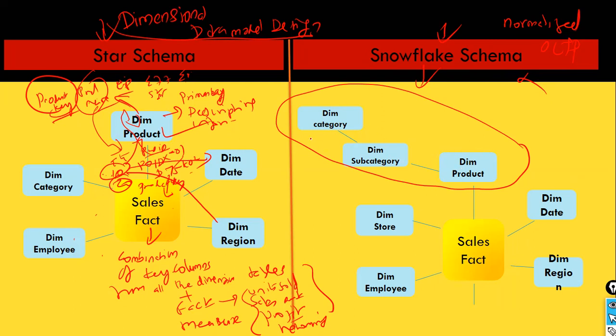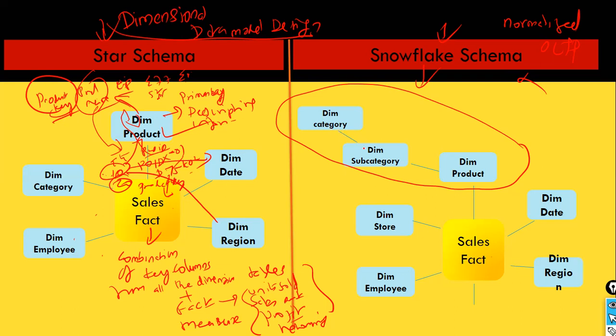For example, if somebody asks you, in technology category, how much sales we sold in all the regions, can you give me the sales breakdown by technology, by all the regions? In that case, the category and fact table do not have a direct link.